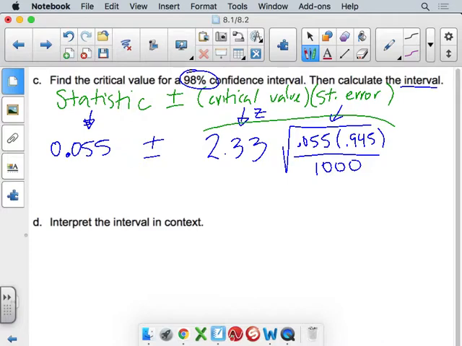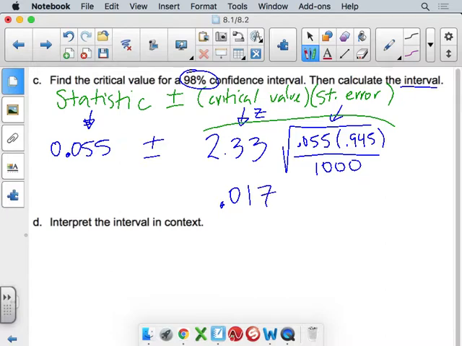I need to use my calculator here. 2.33 times the square root, and we get 0.0167.